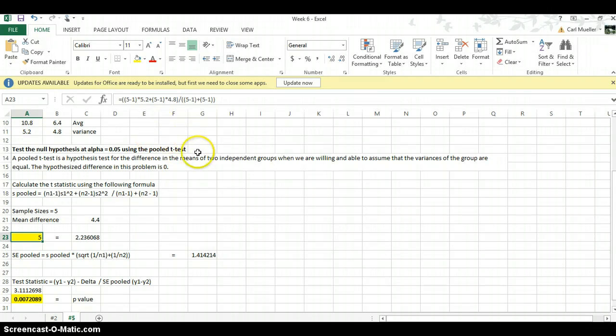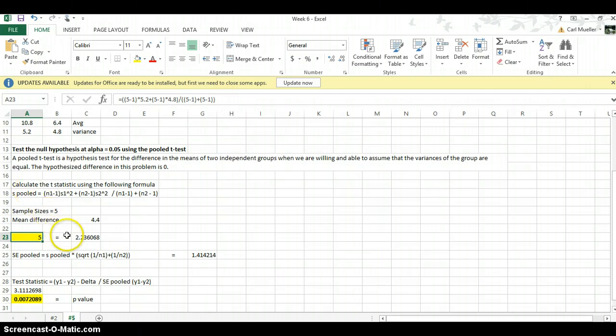You really have to practice to nail down these concepts. It's n1 minus 1 times s1 squared, where s1 squared is the variance, plus n2 minus 1 times s2 squared, divided by n1 plus n2 minus 2. It's the same problem throughout in terms of sample size.